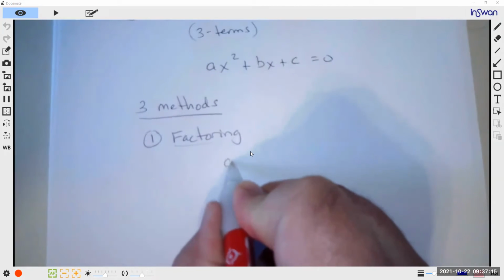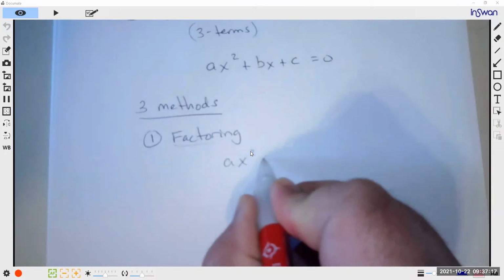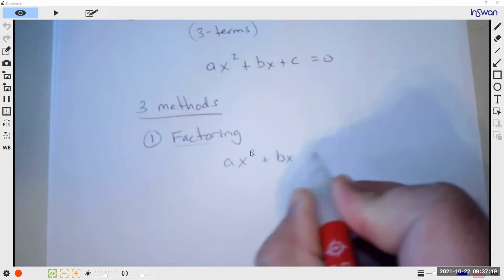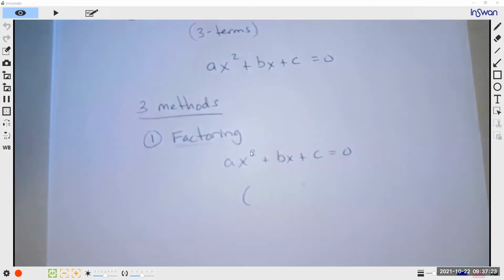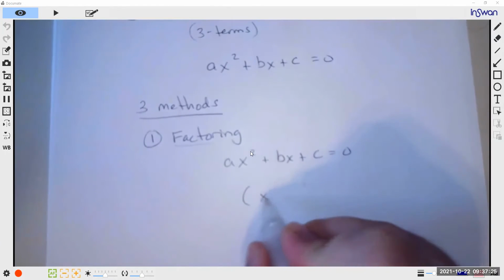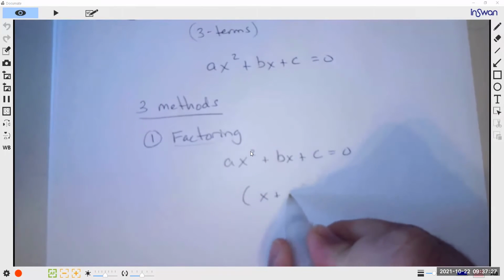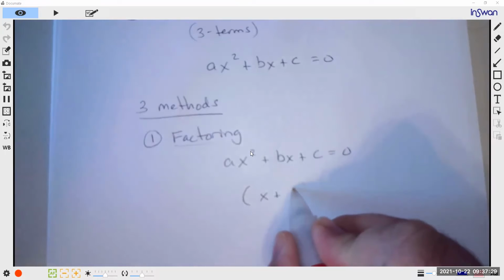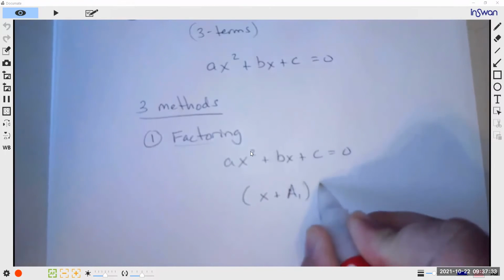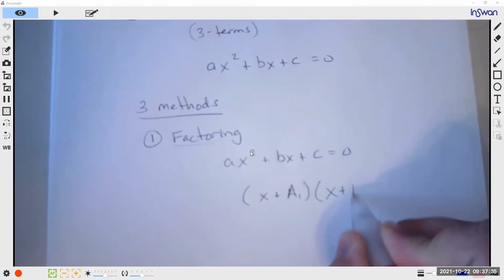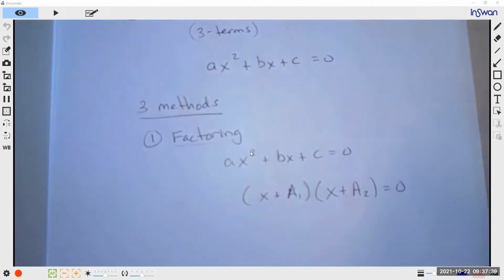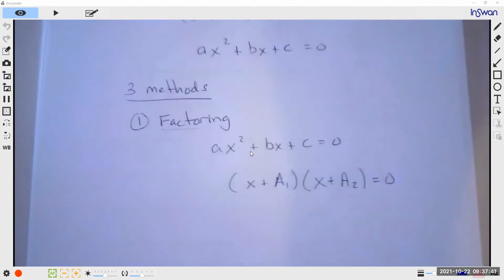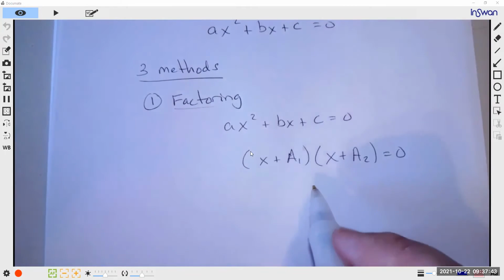Here we took the trinomial quadratic equation and broke it down to 2 binomials. So we'll call it (x plus answer 1)(x plus answer 2). So we broke it down from quadratic to linear.